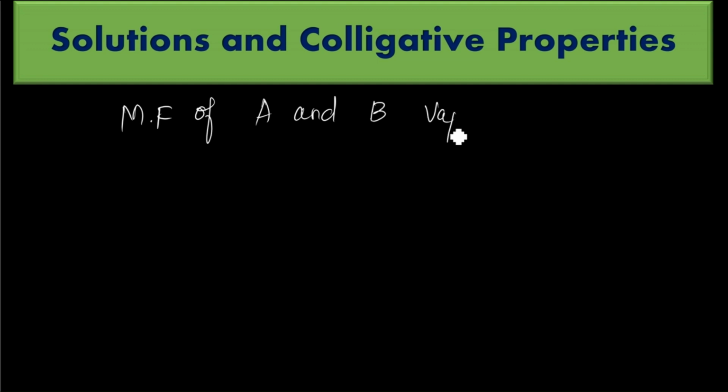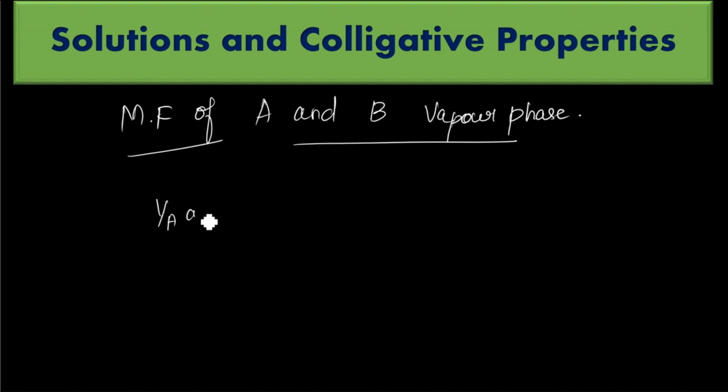So we have to talk about the vapor phase as well. For the liquid phase, we took chi_A and chi_B, or X_A and X_B. Here we are taking Y_A and Y_B as the mole fractions of A and B in the vapor phase.